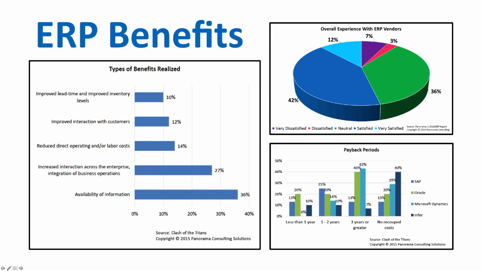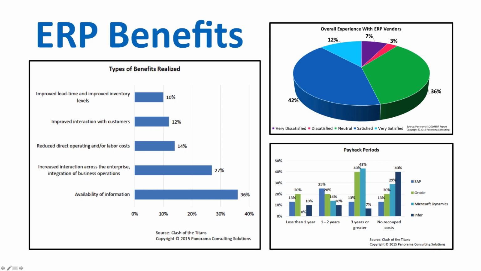In terms of payback periods, getting the benefit return on investment, you can see that 13% of SAP customers got their payback in less than a year, 25% 1 to 2 years, 13% 3 years or greater, and 13% no recouped costs.